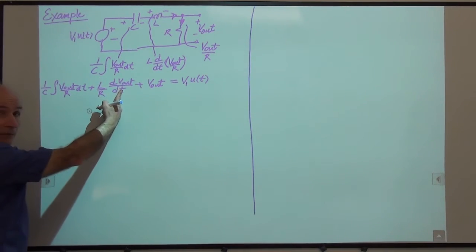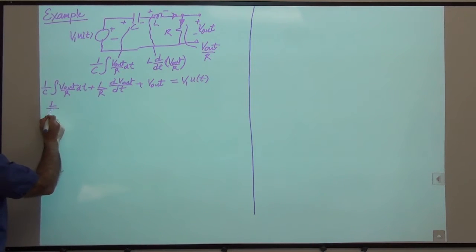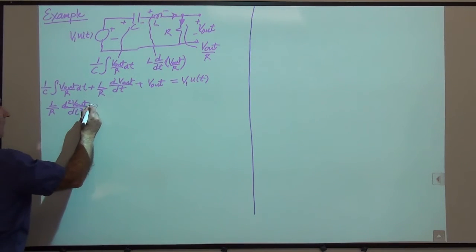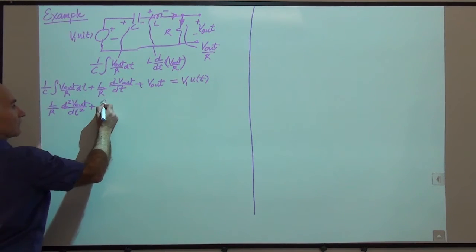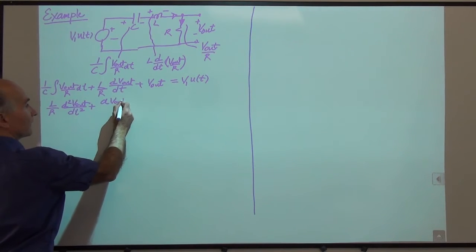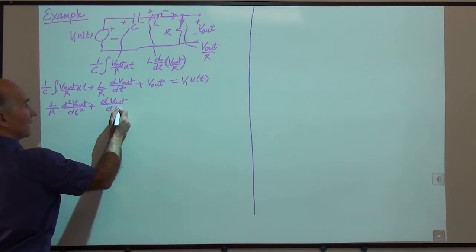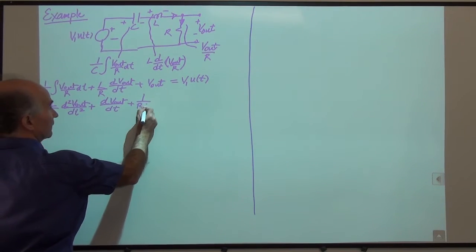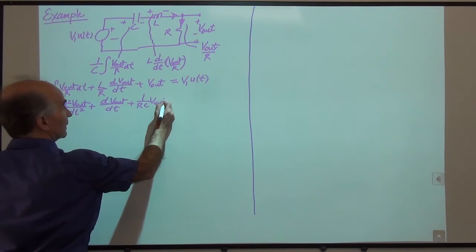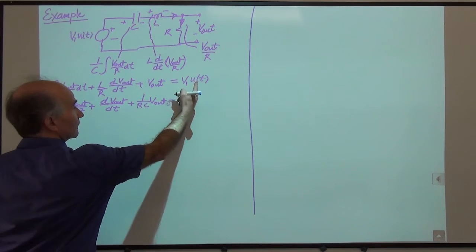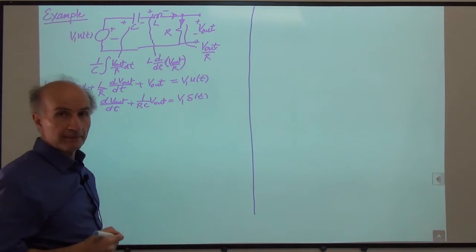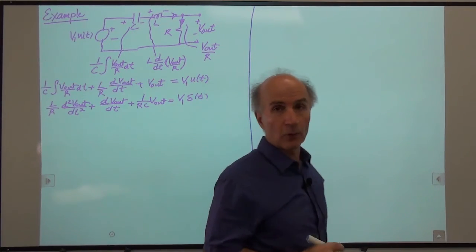This becomes a second derivative, so we have L over R d squared V out over dt squared plus the derivative of this guy, dV out over dt, and the derivative of this guy, plus 1 over RC V out is equal to V1 times the derivative of the step, an impulse. All right, so similar to what we saw before.